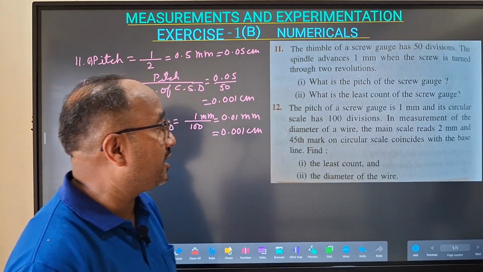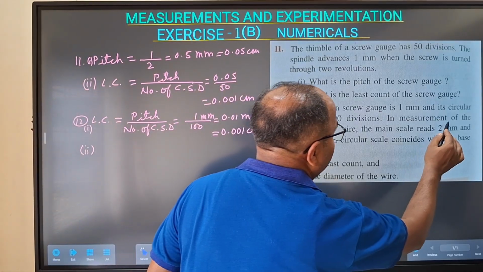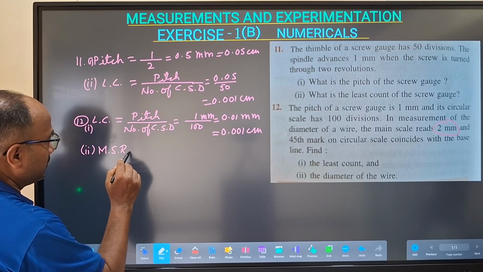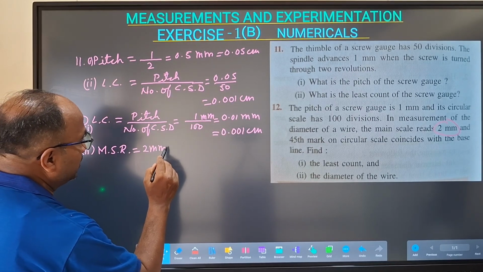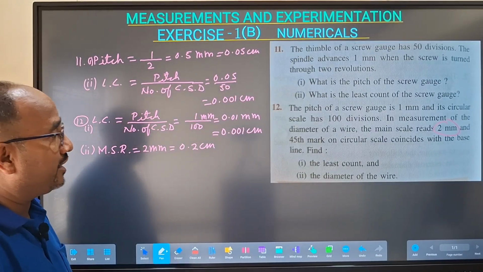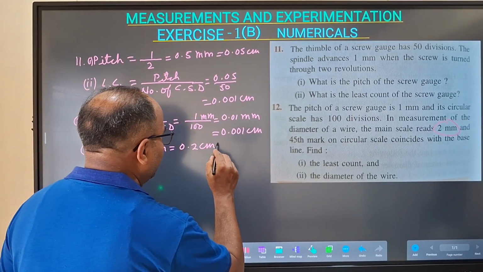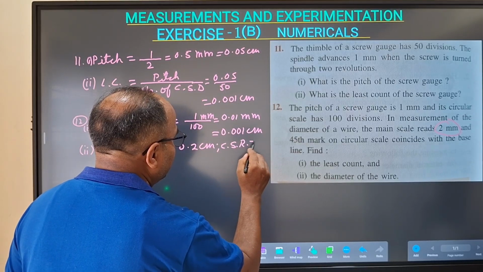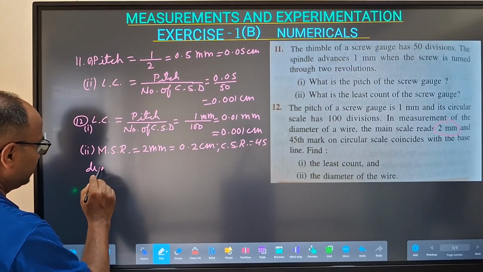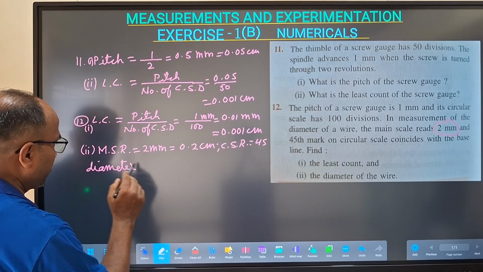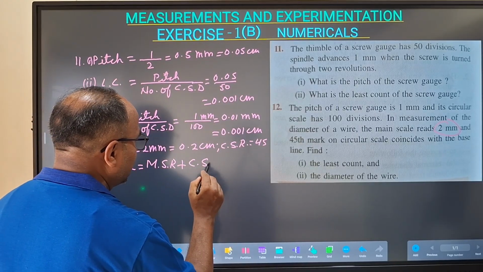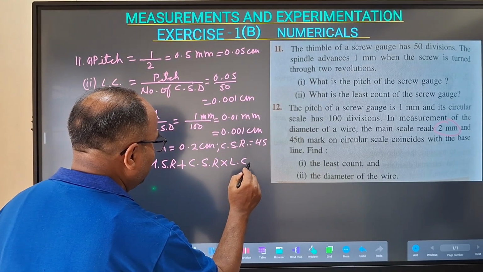So first of all, we will write what all readings we know. We know the main scale reading, so MSR is equal to 2 millimeter, which in centimeter is 0.2 centimeter. That you always get by dividing by 10. And then the circular scale reading is 45. So now I can get the diameter: main scale reading plus the circular scale reading into the least count.